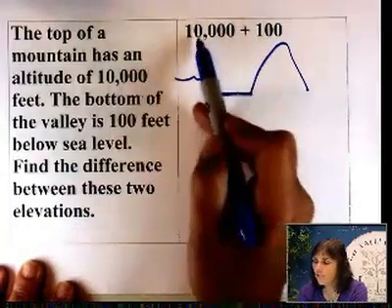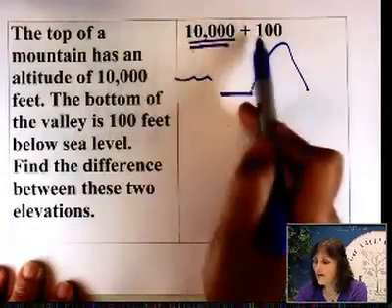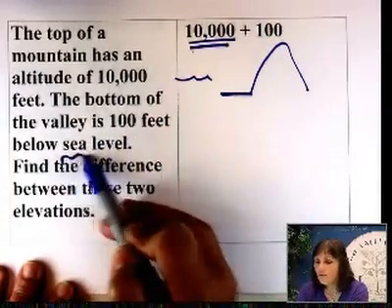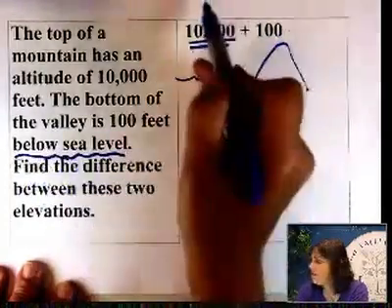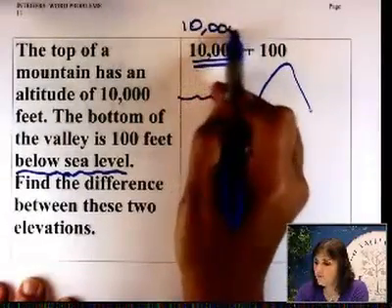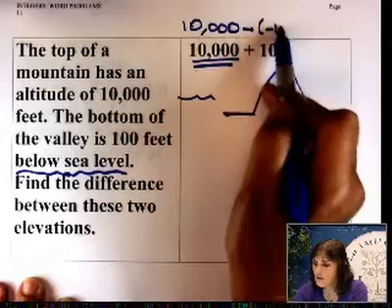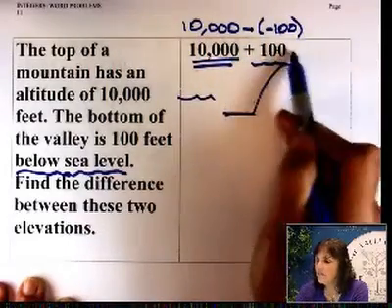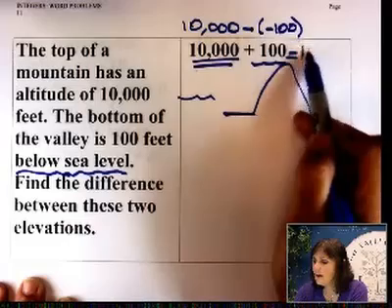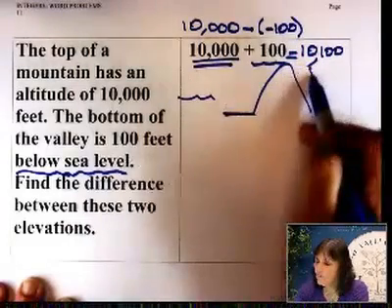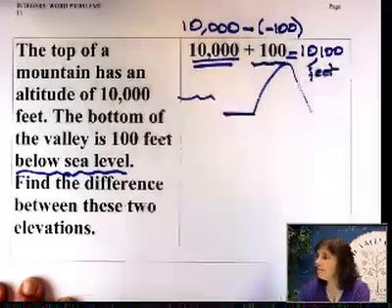So you're going to have to go 10,000 minus the bottom, which is below sea level. Below sea level means negative. So you have an invisible step here. 10,000 minus negative 100 gives you 10,000 plus 100. So that gives you 10,100 feet. And since it's a word problem, always put your units.